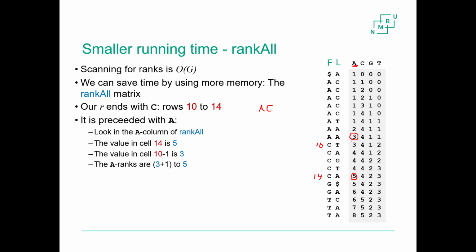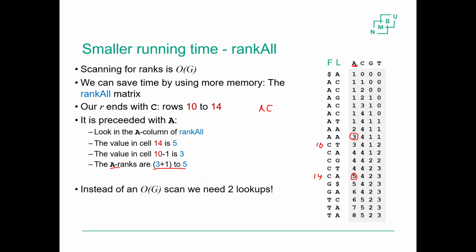And this is just a pure lookup. You don't need to search through here for anything. So it doesn't matter if there are, in this case, 5 C's, or 5 million C's here. It would be just as fast to look up these two numbers, because we know exactly which two rows to go into. And then the A ranks that we are interested in are always these, 4 and 5.